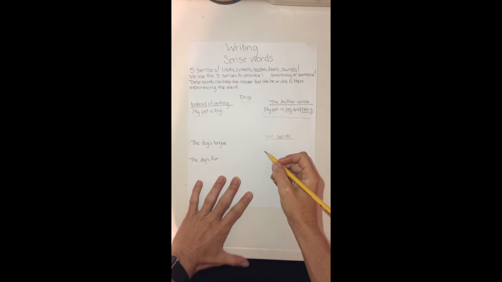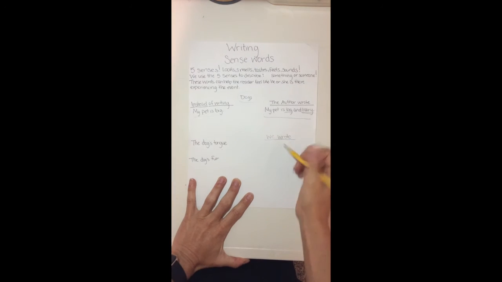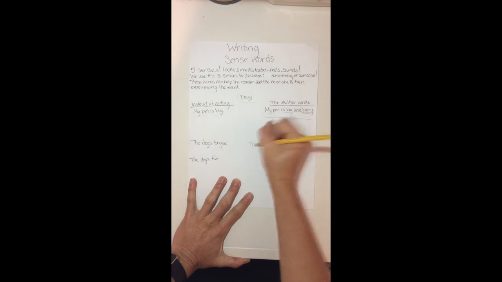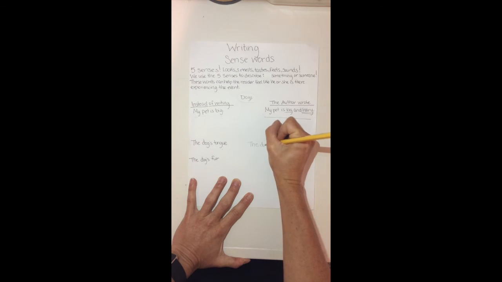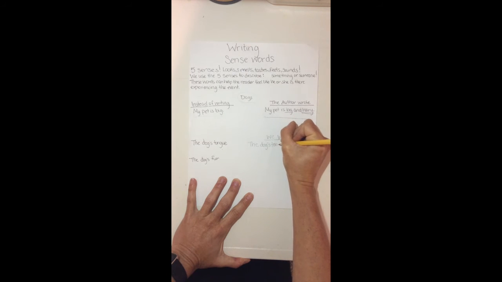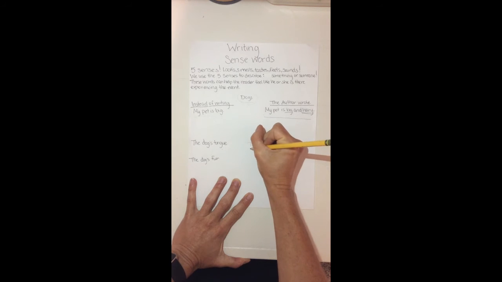After looking at the picture of the dog and its tongue, we can write the dog's tongue looks long and wet.